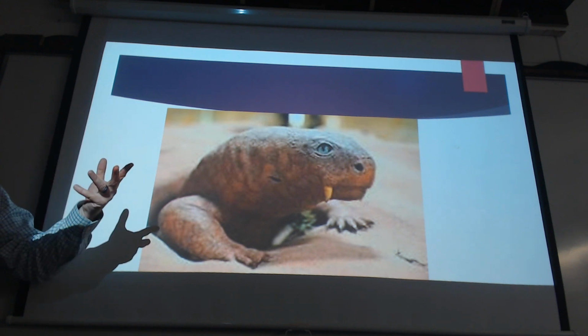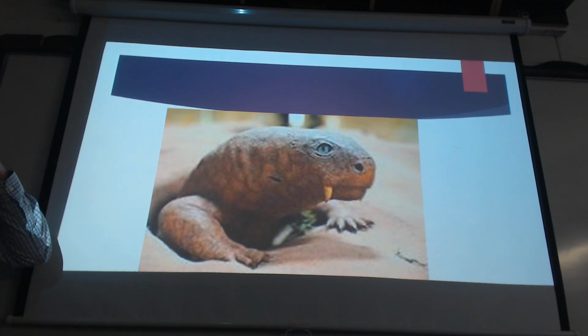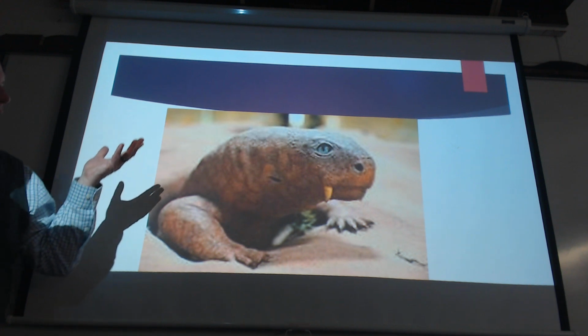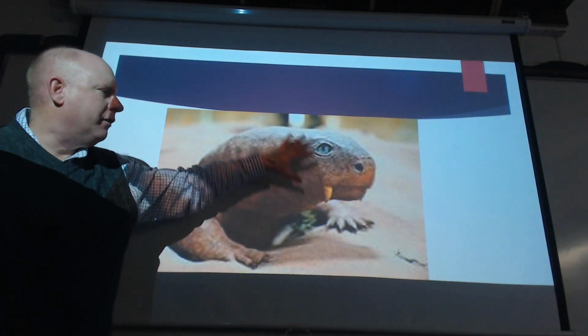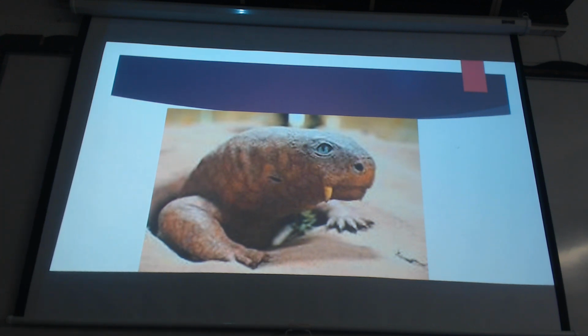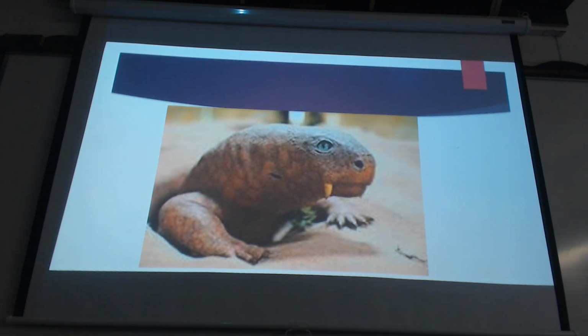Could be migration patterns, or it could be mating rituals. So maybe a female's picking one out that has the longest tusks, because if it has a long tusk, it's probably a more healthy animal. So sometimes that's why some of these has nothing to do with evolution, but maybe more so species selection.